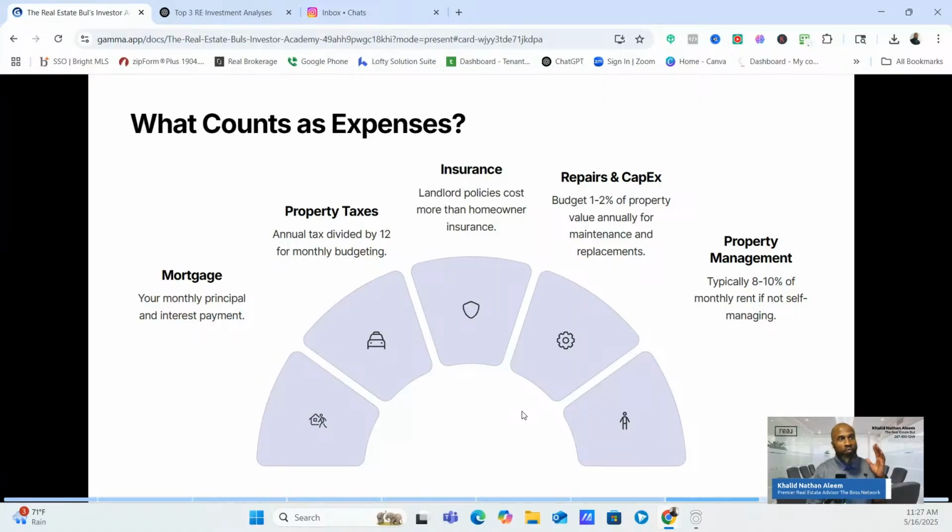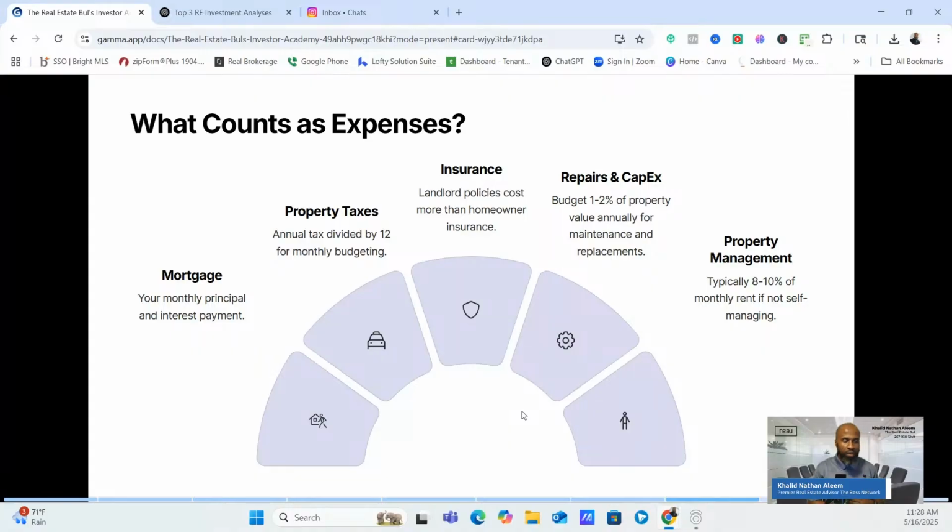So if your rent is $1,000 and you've got maybe $500 for expenses, that's only $500 that you're getting. That's going to take you 10 months to recoup that.